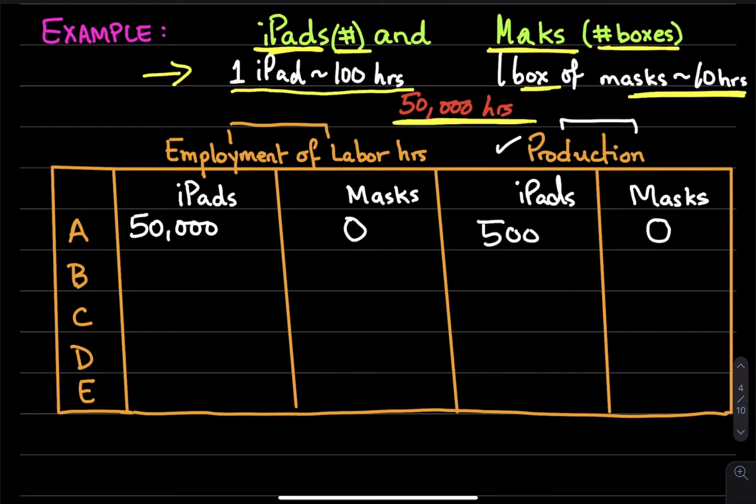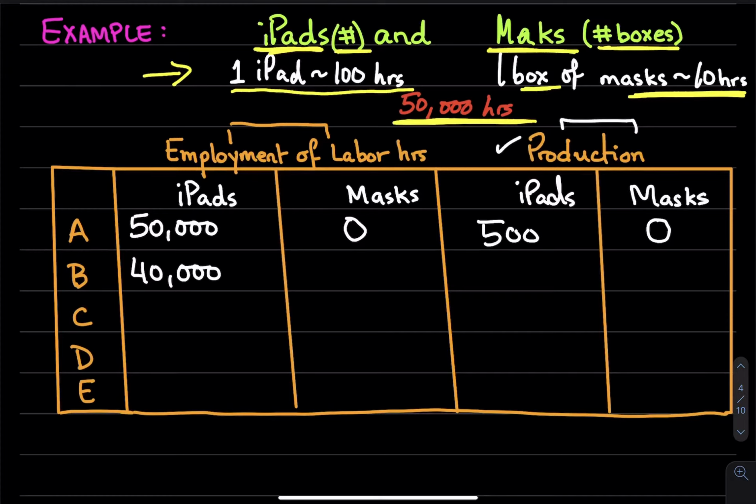Next we are going to consider different possibilities. Let's assume we have 40,000 hours devoted to iPad production.